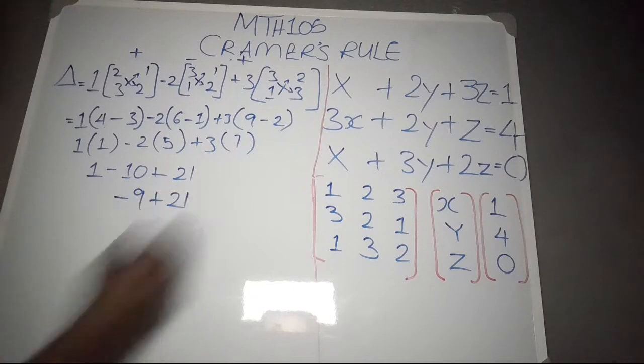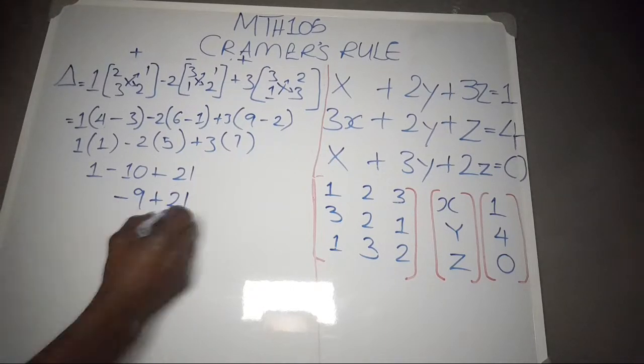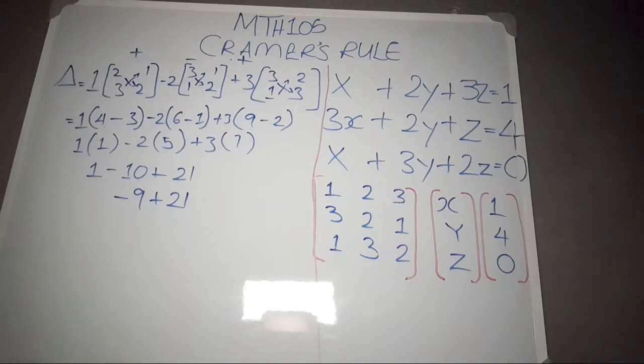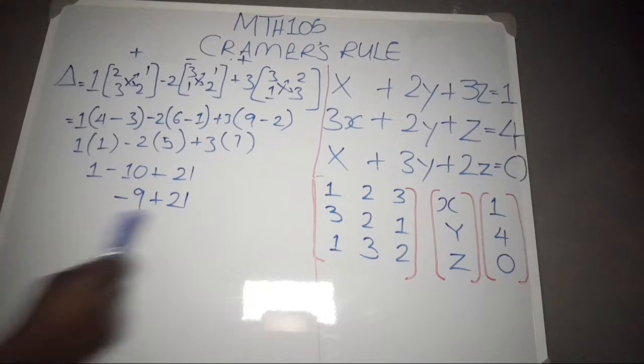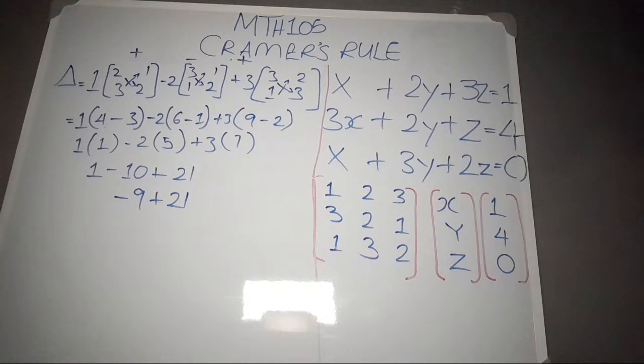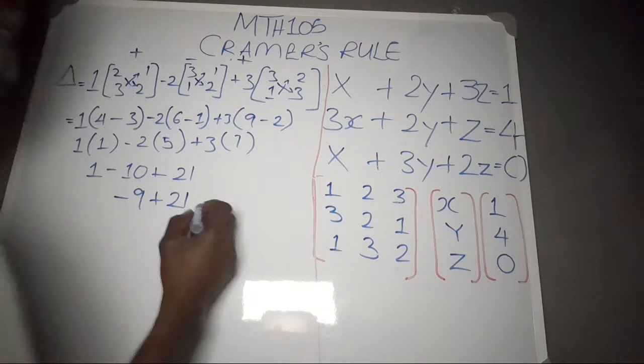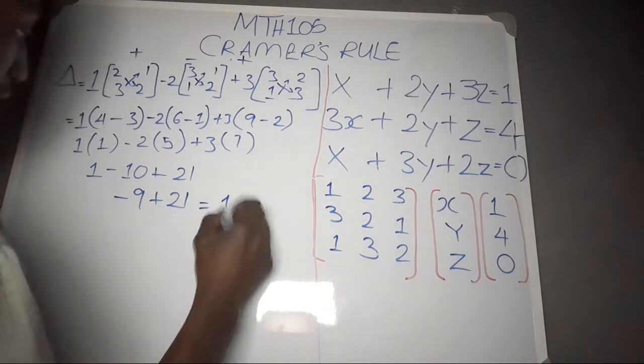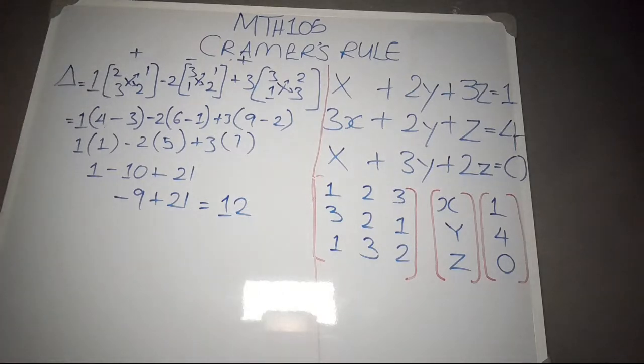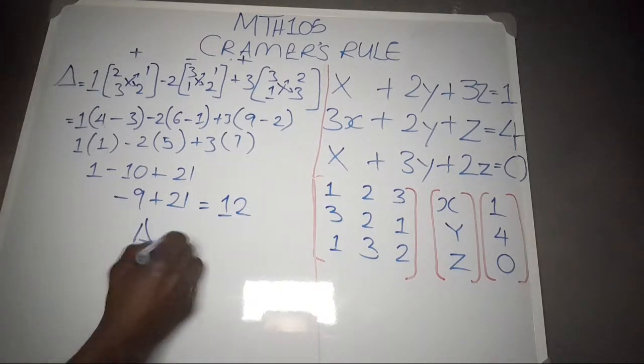When you remove negative 9 from positive 21, let's remove 9 from 20. That should give us 11. So that should give us 12. So now our determinant is equal to 12.